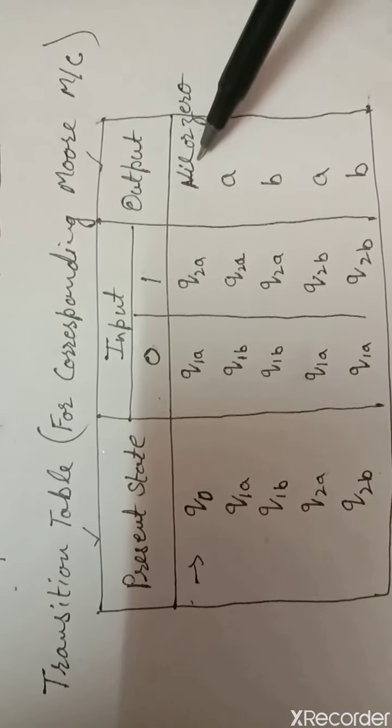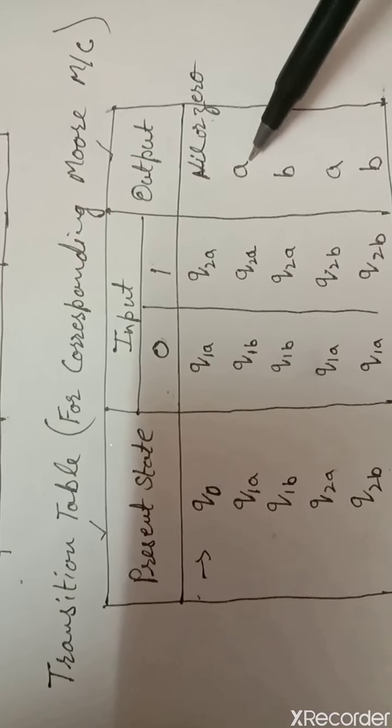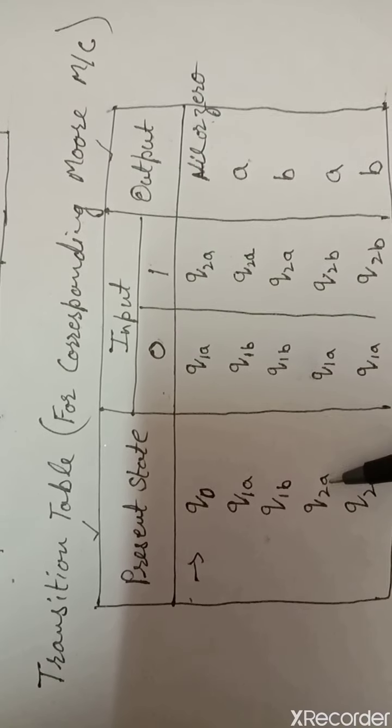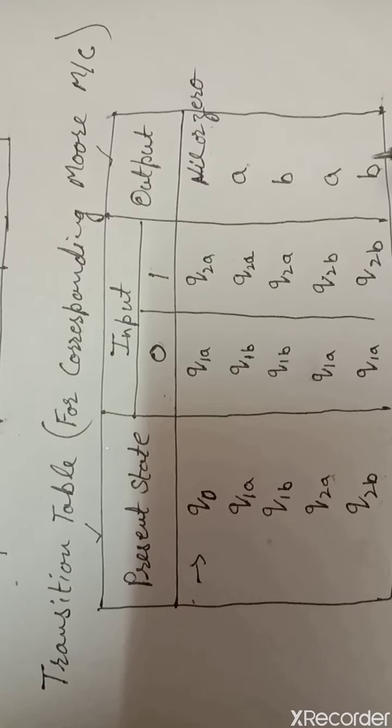For Q0 there is 0 output. For Q1A output is A. For Q1B output is B. For Q2A output is A, Q2B output is B.